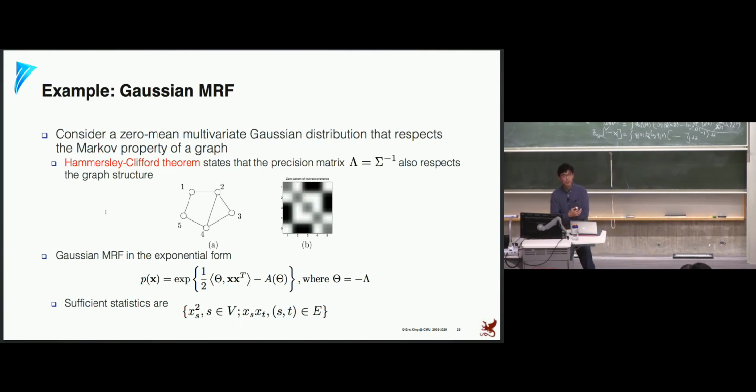Here, XX transpose is going to be our sufficient statistics, and the big theta matrix is going to be the canonical parameter. And does anyone know what A is? A is the log partition function. On one hand, it's going to be the integral of the Gaussian PDF, the exponential thing in the Gaussian. So it's a Gaussian integral. If you write it out, it's going to be something like the log determinant of sigma or something.